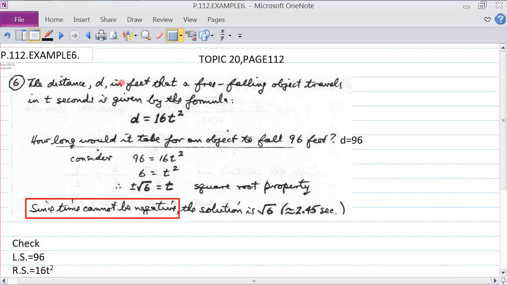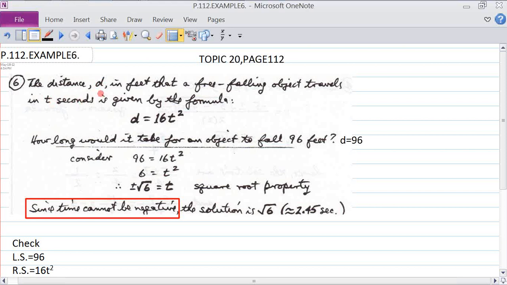The distance d in feet that a free-falling object travels in t seconds is given by the formula d equals 16t squared. Now, notice that we've just given different letters for the variables. The variables are d and t here.